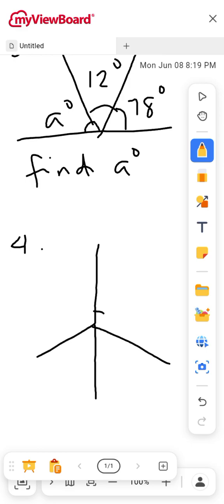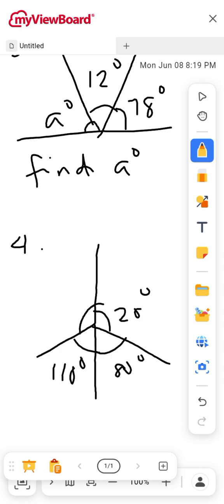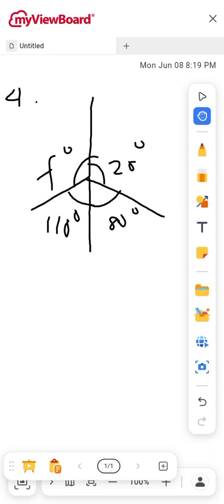We have 20 degrees, we have 80, we have 110, and the question requires us to find F. So let us find F in that instance.